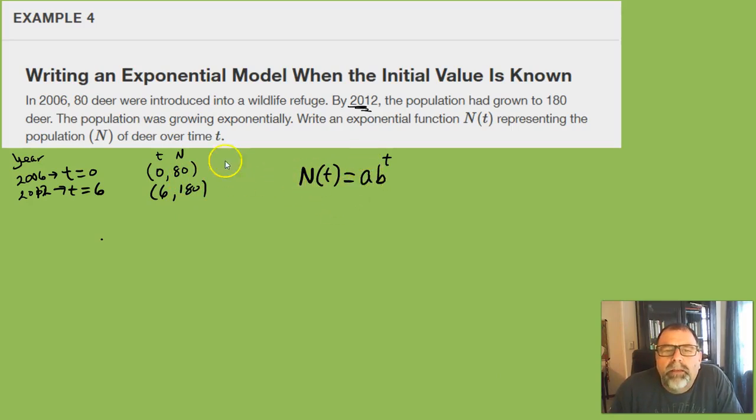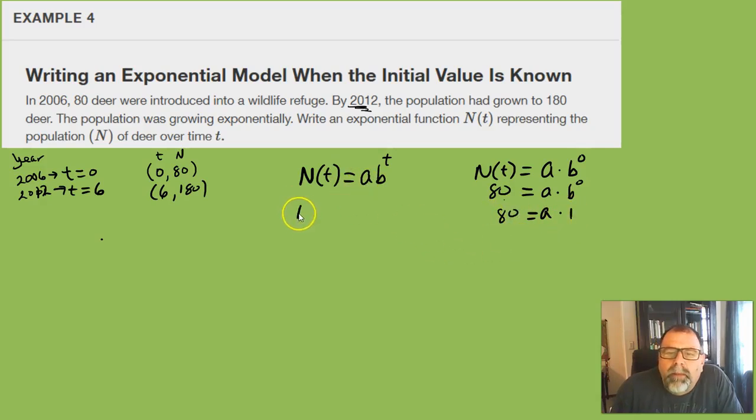Because if you plug in 0 for t, so think of it this way. N of t is a times b to the 0, and that's equal to 80 right here. So b to the 0 is just 1, so that tells me a is 80.